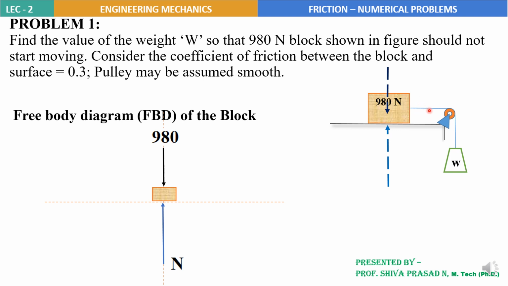This applied force will try to pull the 980 Newton block to the right side. So the motion of the 980 Newton block will be towards the right.